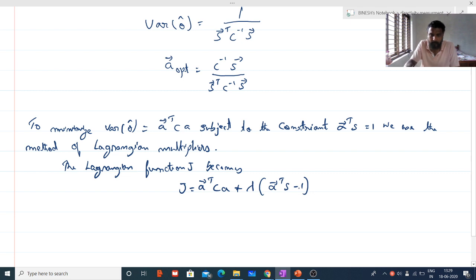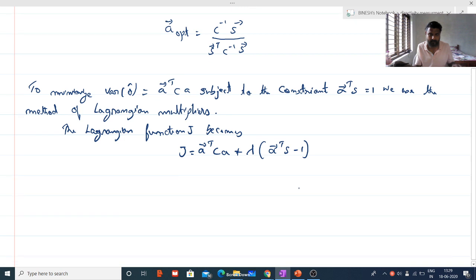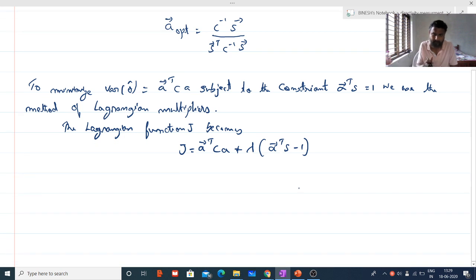Already in the previous session we have discussed one equation, you just verify that. The gradient, that is dou by dou theta of theta transpose A theta, is nothing but 2A into theta.